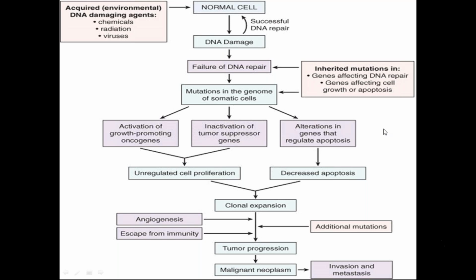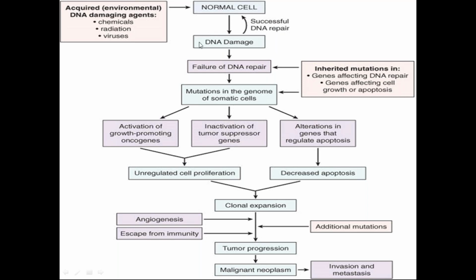Now you will understand the chart in Robbins, given at the very beginning of the molecular basis of cancer. If the cell has damaged DNA, it should immediately get repaired.